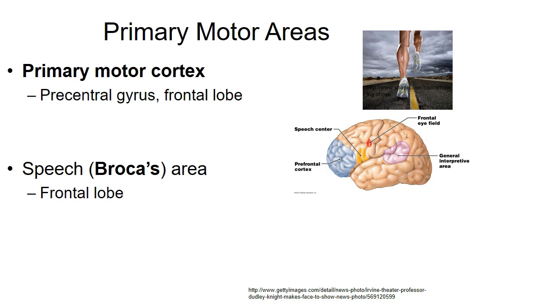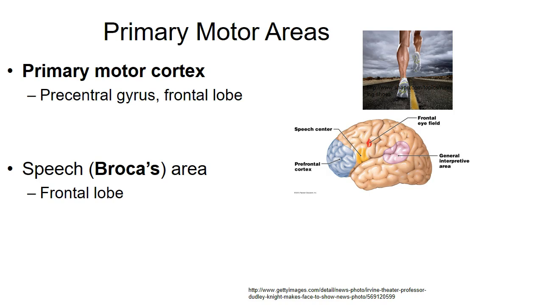So here, if we look at it, just as a review, our primary somatosensory cortex was here. The sensory association area was here, which is in the parietal lobe. Here we're talking about the frontal lobe, which has our primary motor and motor association area. Our intent starts here in the motor association area, and then gets passed on to the primary motor cortex.